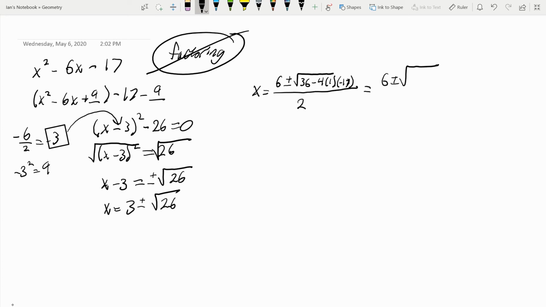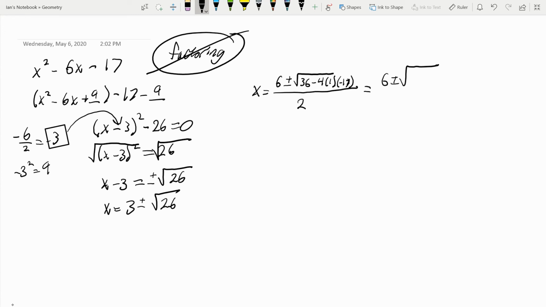So, why is this not working out right? Let's just keep going with this.